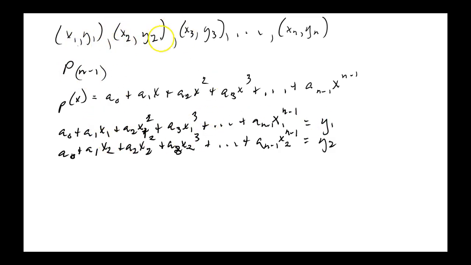The second one plugged the x2 in and got your y2. Third one would be a sub 0 plus a sub 1 x3 plus a sub 2 x sub 3 squared, I skipped 2. Okay, plus a sub 3 x sub 3 cubed plus dot dot dot plus a sub n minus 1 x sub 3 to the n minus 1 is equal to y3.